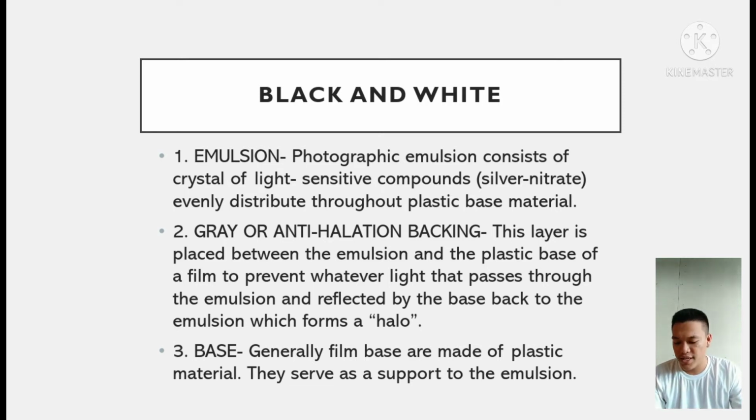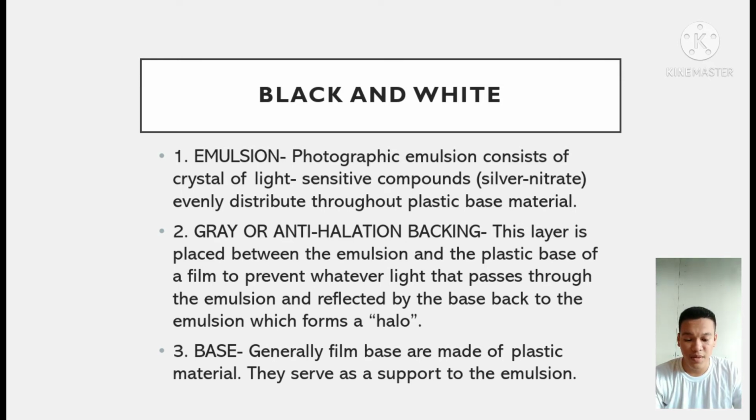So let's proceed to the last, which is the base. Generally, film bases are made of plastic material. They serve as support to the emulsion. The base supports the other layers. Originally, the base was made of glass.